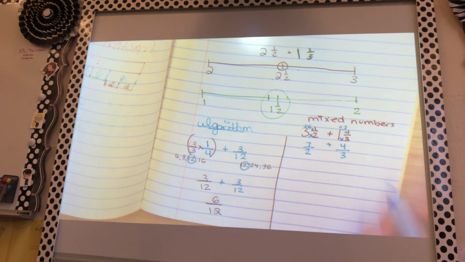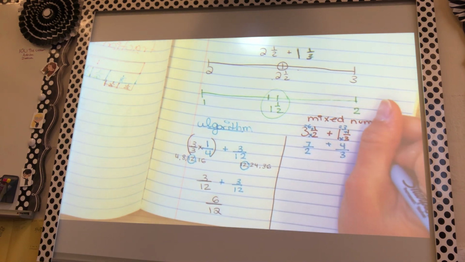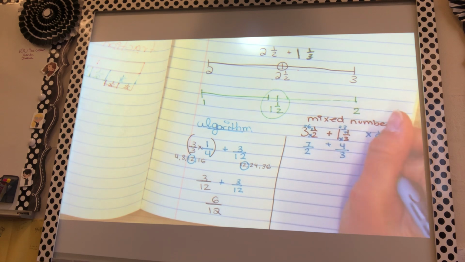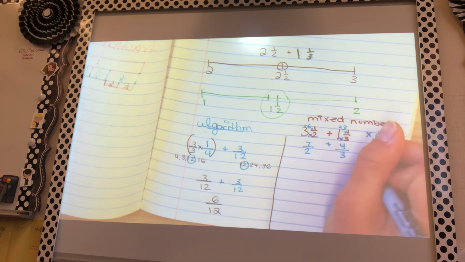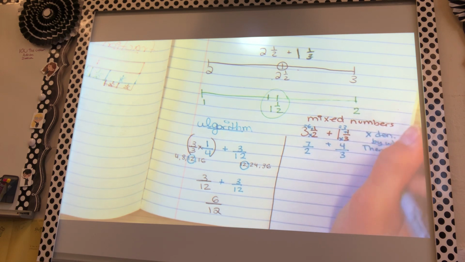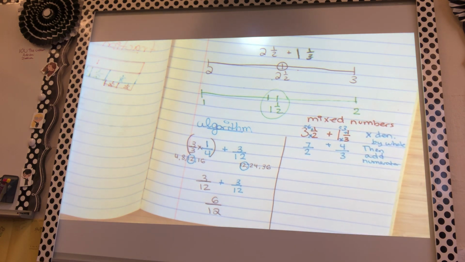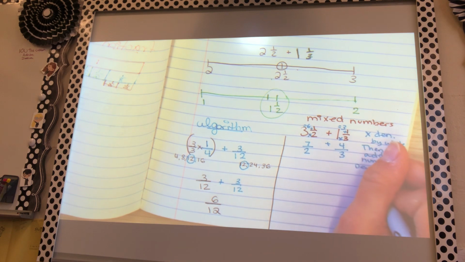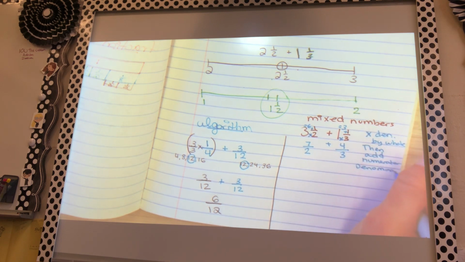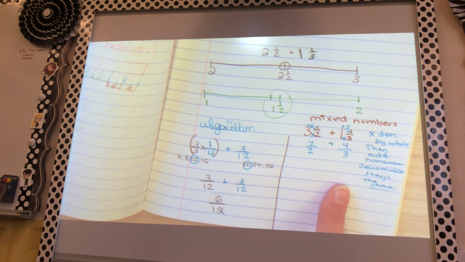So you multiply the denominator by the whole and then add the numerator. That's your new numerator. Your denominator stays the same. So that's an option of doing it.